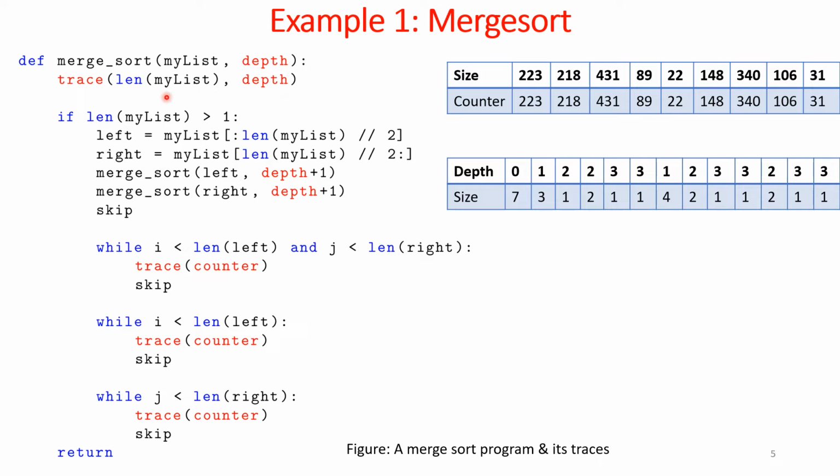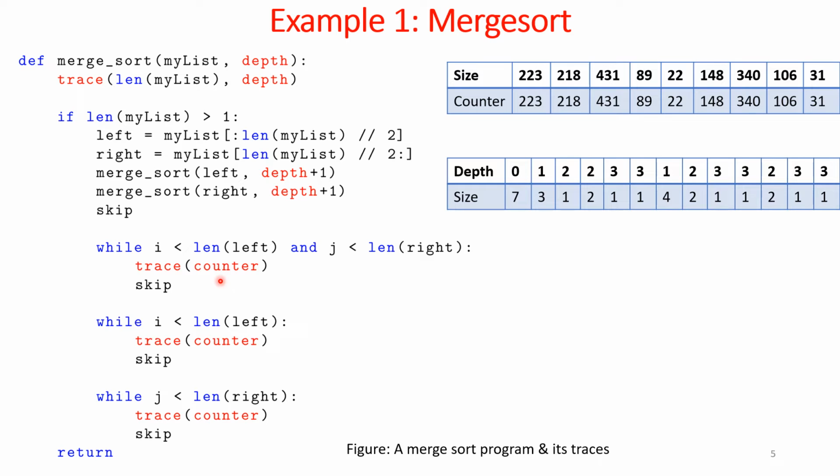For example, the first line shows that the traces we collect are the size of input and the depth of recursion for each iteration of mergesort. We also collect the number of loop iterations per recursive step.